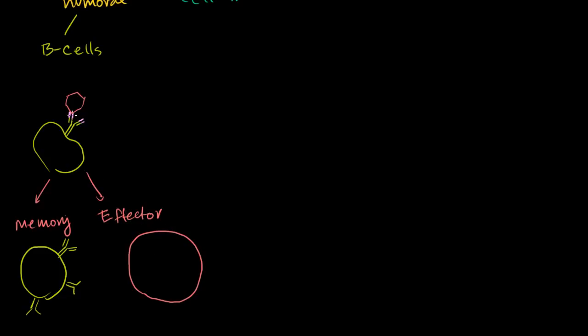They say, I've been activated, let me produce many, many more versions of that exact antibody. So they get spit out. I drew that one a little wrong. So that exact antibody can then be spit out to go disable or tag antigens, and not just any antigen, this antigen right here.